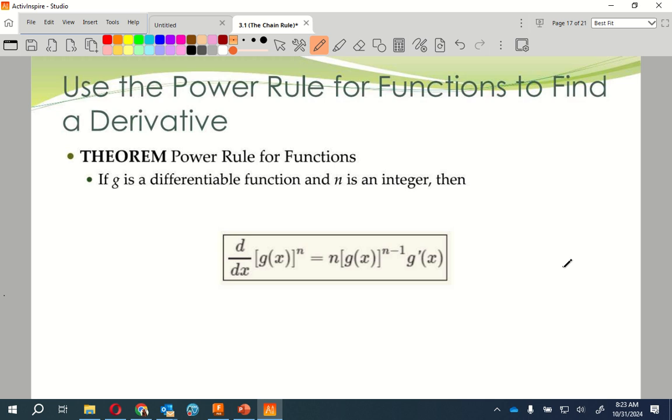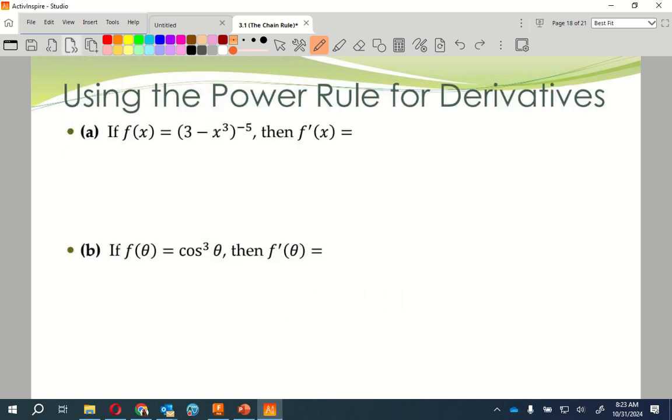Okay, power rule, function, find the derivative. g is a differentiable function and n is an integer. So, let's take a look here. I could actually just use u instead, which would make more sense.